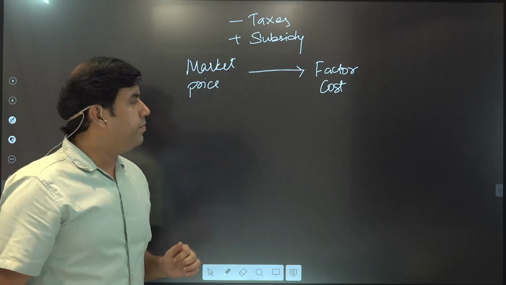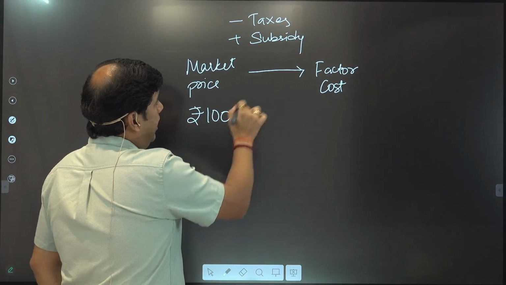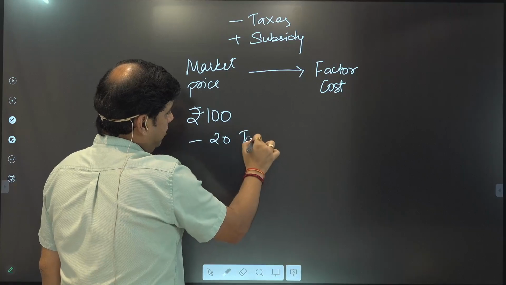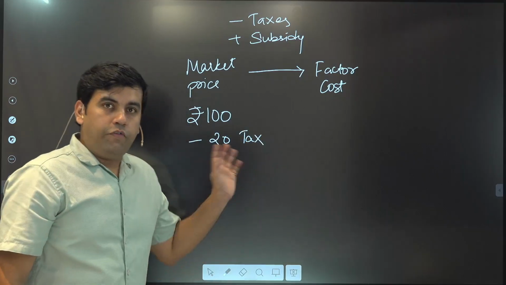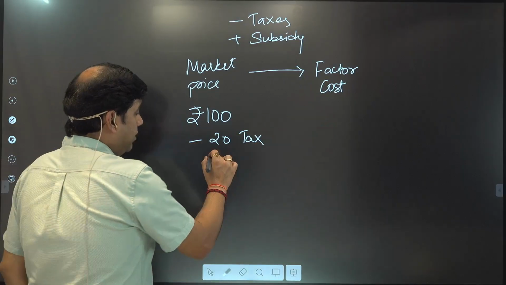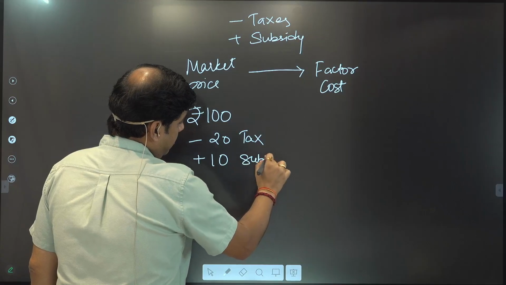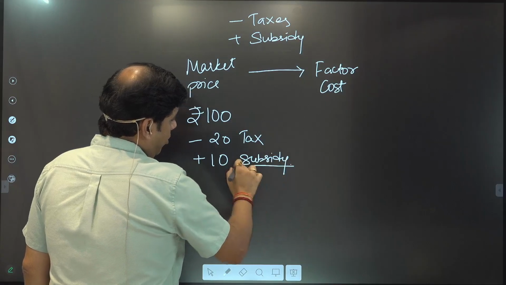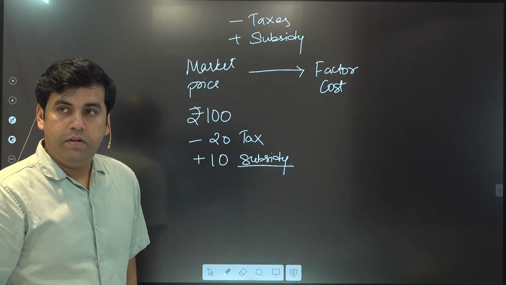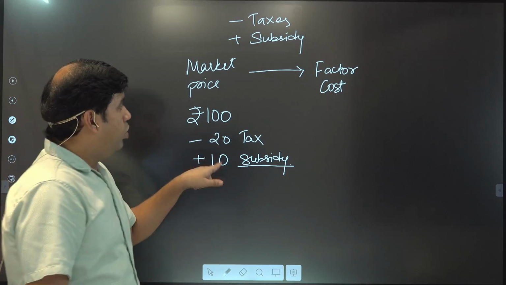So if the market price is rupees 100 and the tax is, let's say, 20 rupees, factor cost should be 80. But no, government provided a subsidy of 10 rupees. Clear?